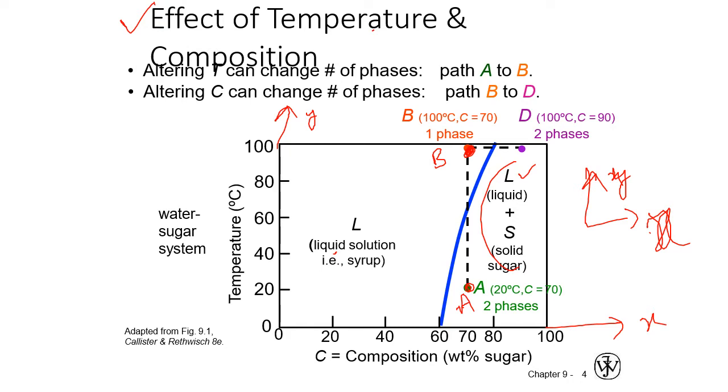Similarly, if the temperature remains constant but we increase the composition of sugar beyond point B, then we are also entering the liquid plus sugar region. So we see that the temperature as well as the composition affect which phases are present.